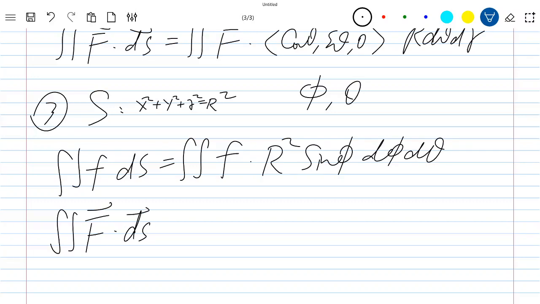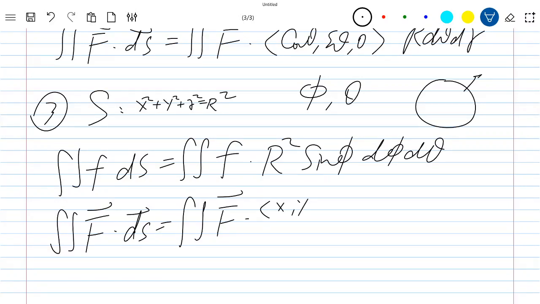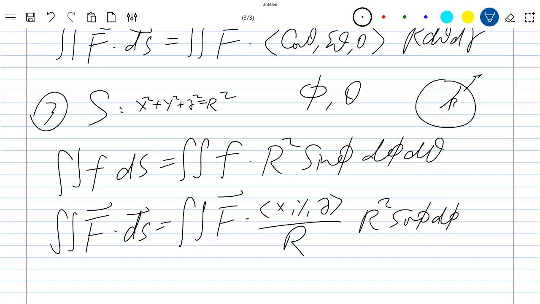And how about the vector? Well, just dot the normal direction. And what is the normal direction? Well, normal direction is just in the radial direction, in the 3D radial direction. So you can just say x, y, z divided by r, right? You have to divide by the distance, which is r. And then you have r squared sine phi d phi d theta.